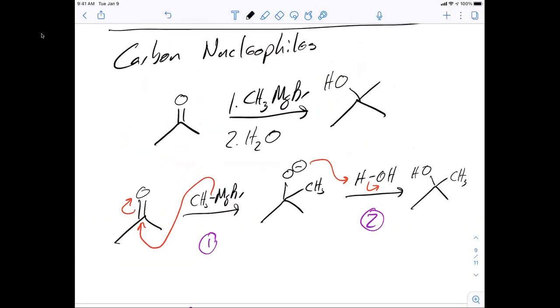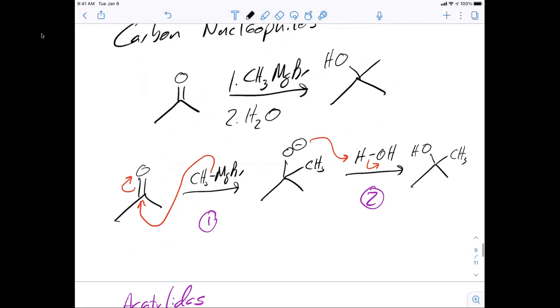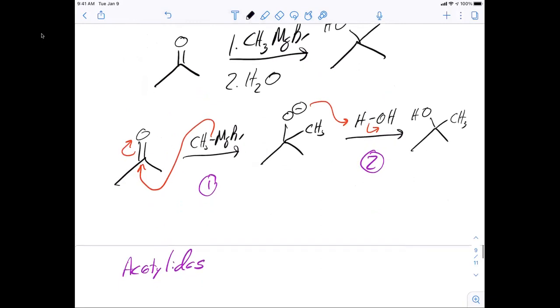So with Grignards, if we have a ketone, we end up with a tertiary alcohol. If we have an aldehyde, we end up with a secondary alcohol.